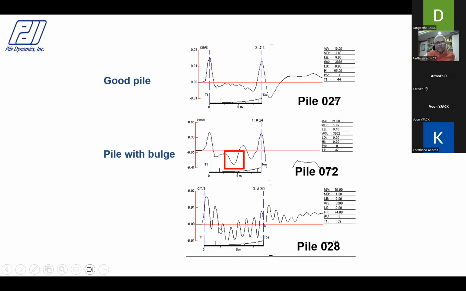And the third one, 28, has a positive response close to the pile top, which indicates serious defects close to the pile top. Okay, and this is a severe defect near the pile top. So it's very straightforward if you get good data. If you do not get good data, then interpretation becomes extremely complex.